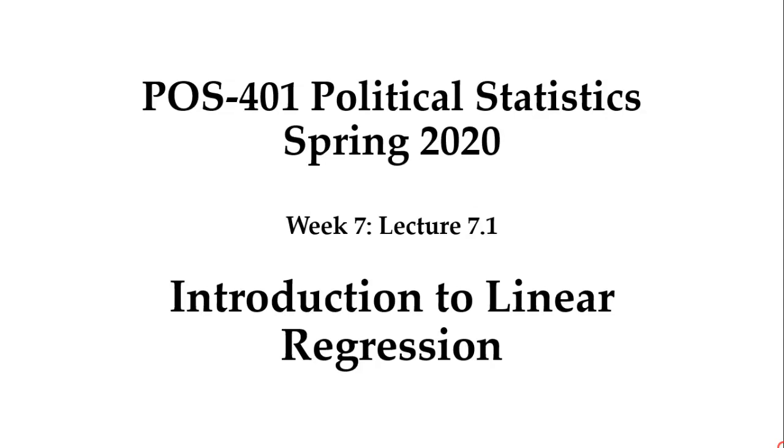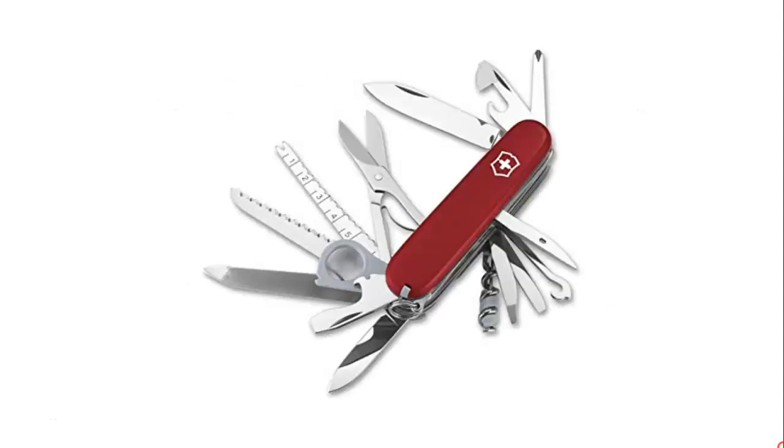Okay. So in this class, as I said, we're going to learn the Swiss Army knife of quantitative research methods. Linear regression is the most basic, but at the same time the most flexible method that we have learned so far.